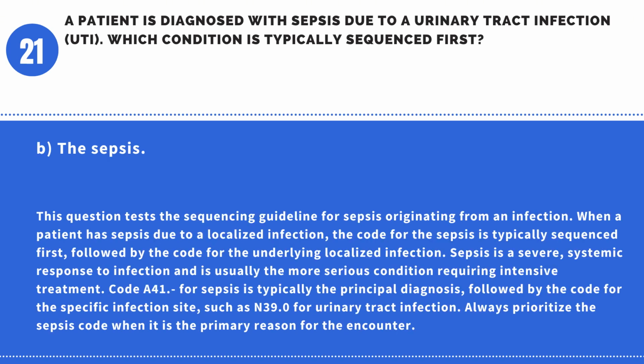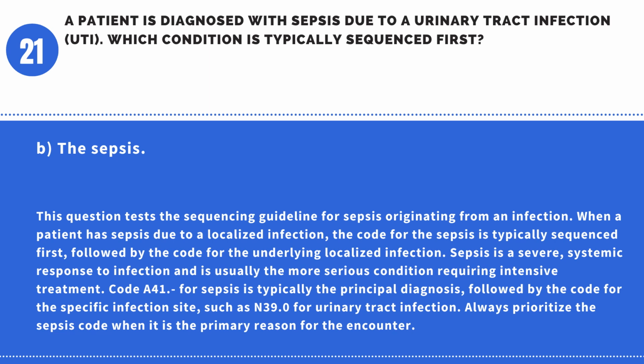Answer: B. The sepsis. This question tests the sequencing guideline for sepsis originating from an infection. When a patient has sepsis due to a localized infection, the code for the sepsis is typically sequenced first, followed by the code for the underlying localized infection.